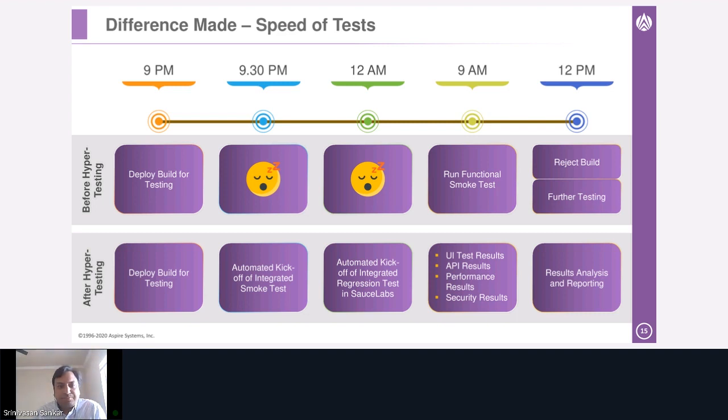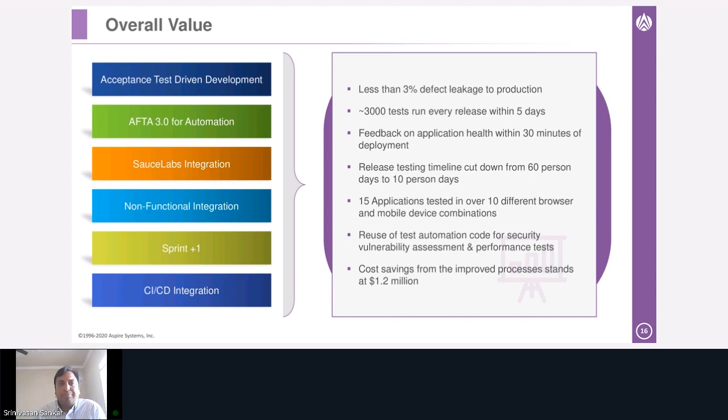to release the product faster to market. And of course, from the overall value perspective, we did in the end reduce the overall defect leakage to less than 3% from 14 to 20% that we had earlier, to whatever defect that went into production was much lesser than 3%. And we were able to accomplish running the 3,000 tests within a span of 5 days for every sprint.